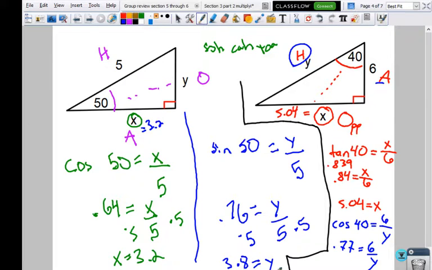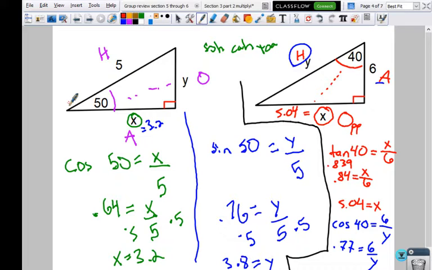Yep. So on this, my variable y is on the bottom, right? So we have to be careful because a lot of people are like, oh, just divide it by 6 and you get your answer. Well, we can't quite do that. I think I'm actually going to show you a different way than what you said.